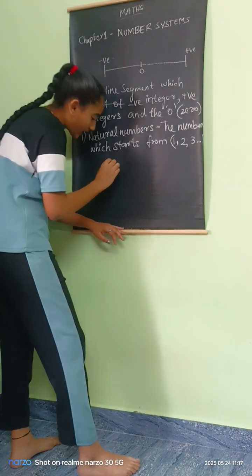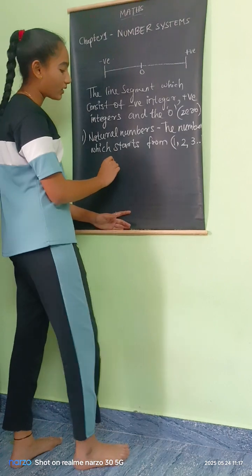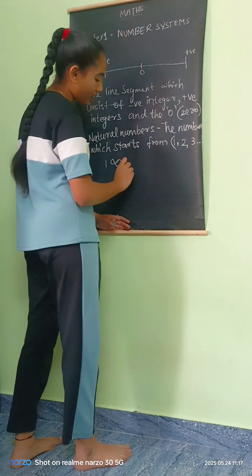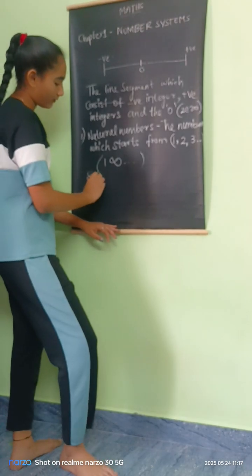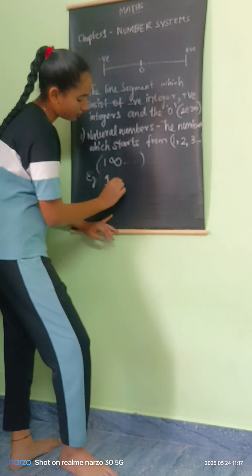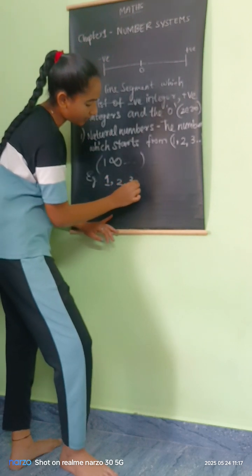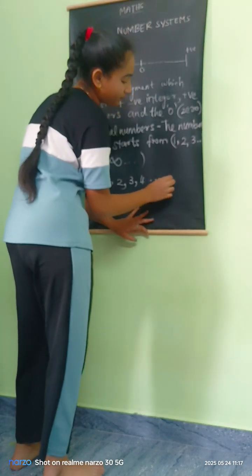We could simply write it as the numbers which start from 1, without including 0, to infinity. Examples are 1, 2, 3, 4, and so on.